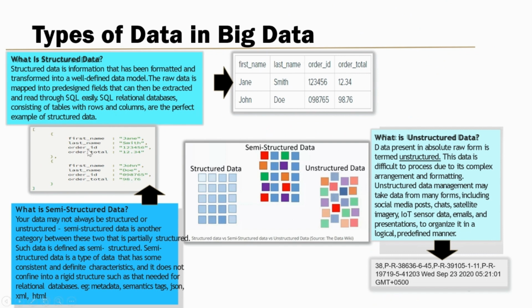Because if we were storing the data in the earlier format, it was taking more space on the hard disk, or more storage space. But whenever we started storing our data in this semi-structured format, it is taking a lesser amount of memory. So this is called semi-structured data.